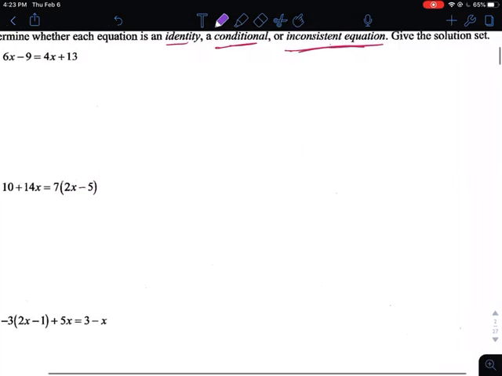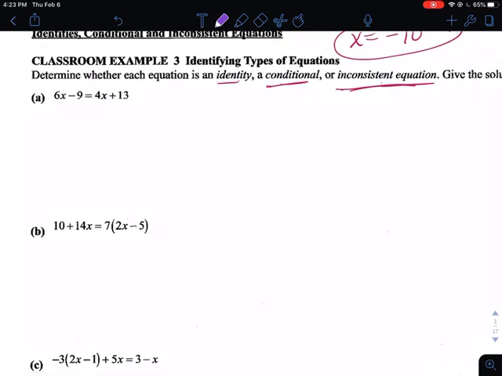So in this first equation, I'm going to subtract 4x from both sides. And when I do that, 6x minus 4x is 2x minus 9 equals 13. Then I'm going to add 9 to both sides. So that's 2x equals 22.